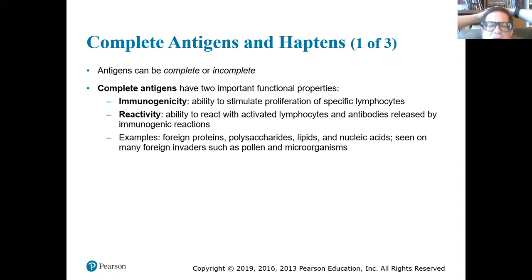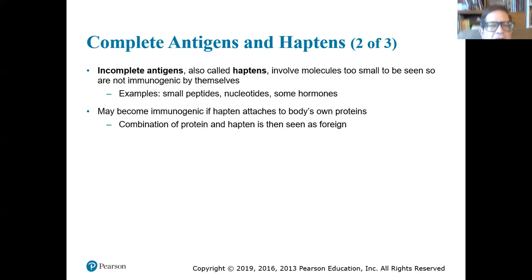So what are examples of antigens? Foreign proteins, polysaccharides, lipids, and nucleic acids that don't appear to belong. We see these on pollen, we see these on bacteria. Great. Incomplete antigens, some people call them haptens. Think of the H as reminding you of half of an antigen. They are too small to be seen and are not immunogenic by themselves.